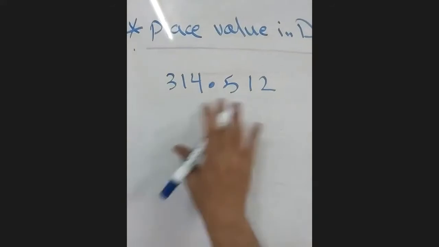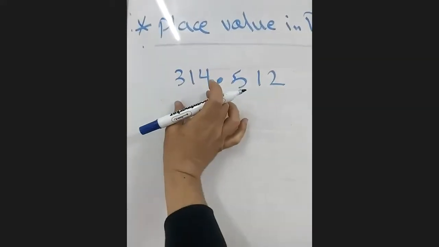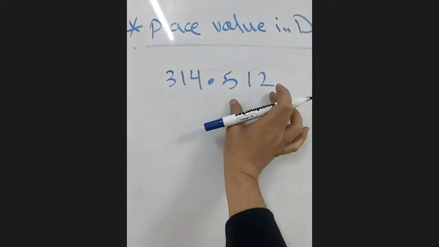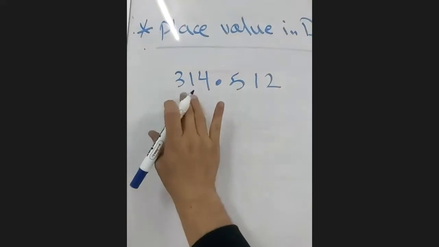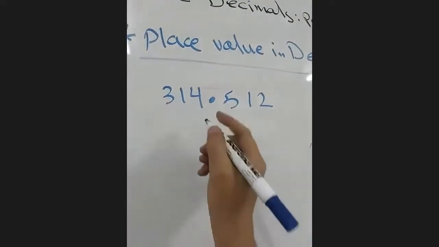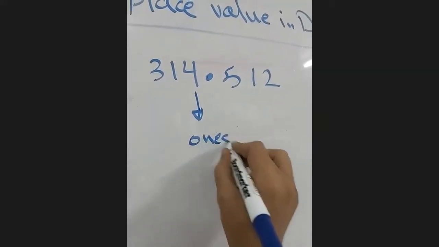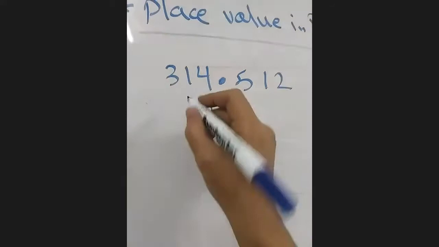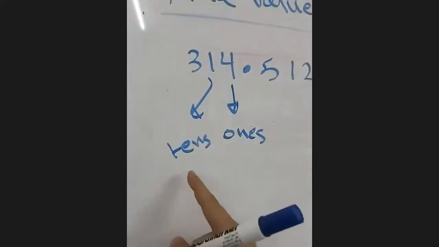I will start here, guys. We have two parts: the whole part and the decimal part. I will start with the whole part, and in the whole part, we place value normally. This 4 is ones, remember? This one here is tens.